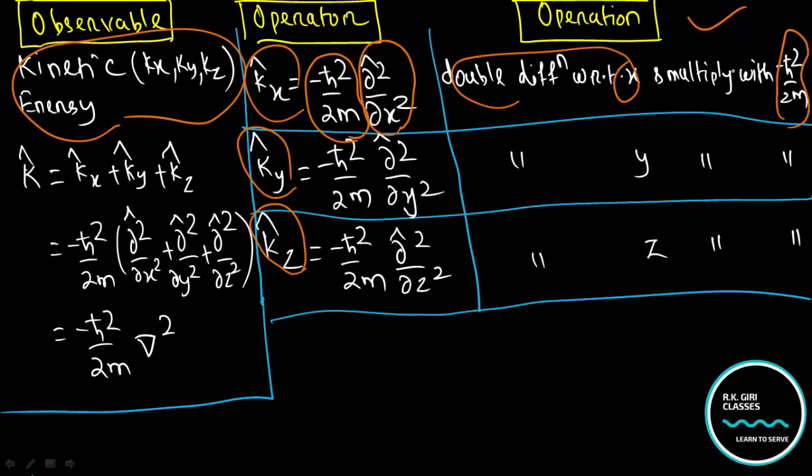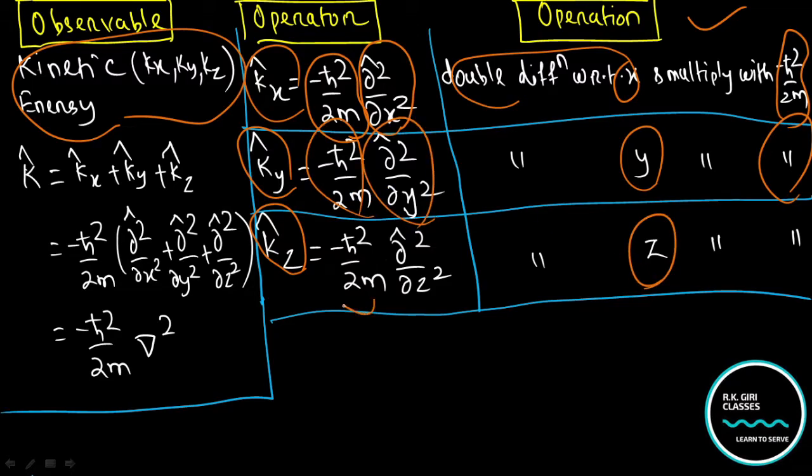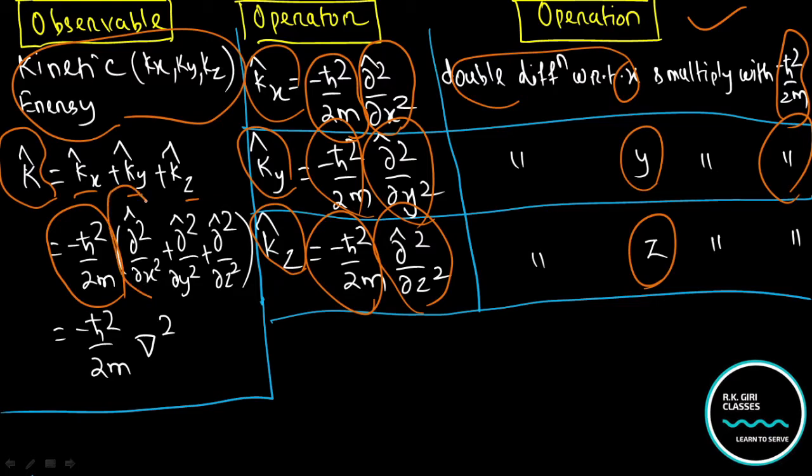Similarly, this is with respect to y, and this is with respect to z: minus h square by 2m, del square by del z square. And if you want to calculate the total kinetic energy, you find it over three axes: minus h square by 2m, del square by del x square, del square by del y square, del square by del z square. The value will be minus h square by 2m del square. Clear? Next slide.